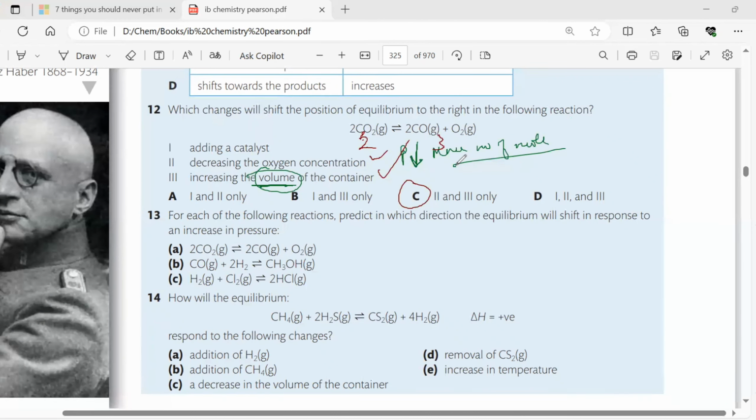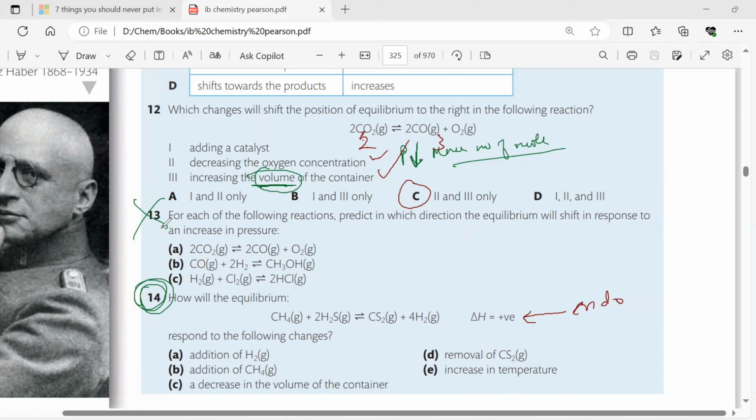Do 13. For each of the following reactions, predict in which direction. Oh, 14. Sorry. Okay, how will the reaction, so this is endo, respond to the following changes?